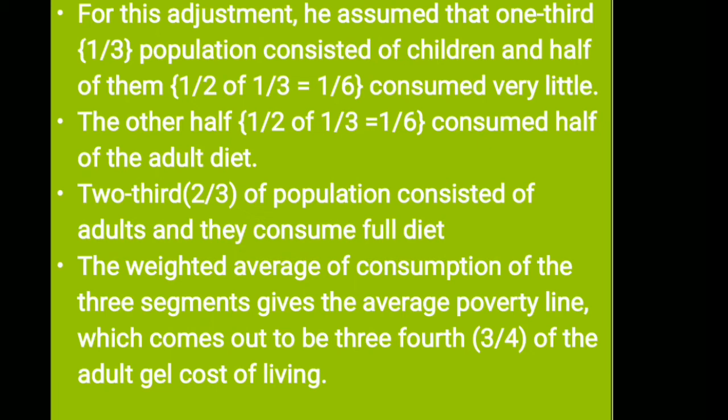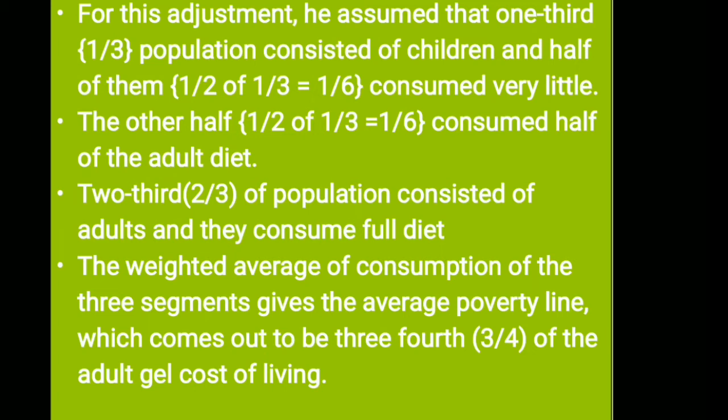The first part is one third and the second part is two-third. The two-third part is adults and they consume a full diet. But the first part, one third, is divided into two parts: one that consumes half of the adult diet and another that consumes very little.